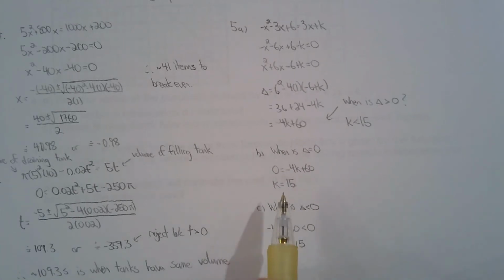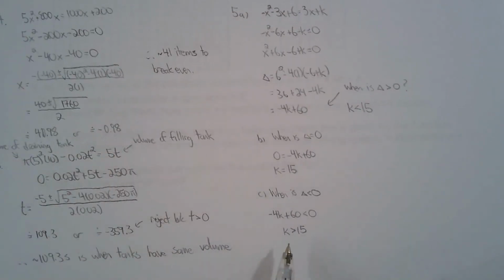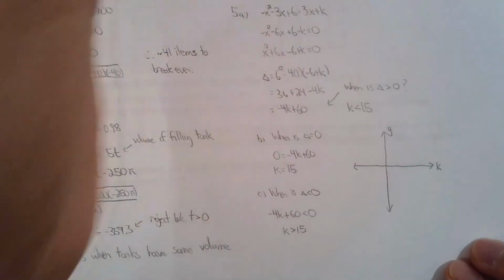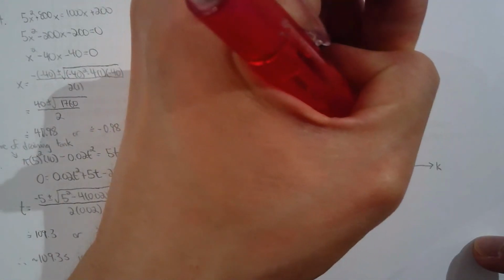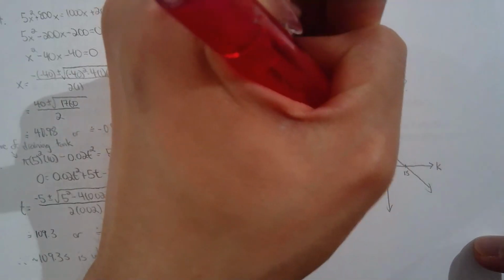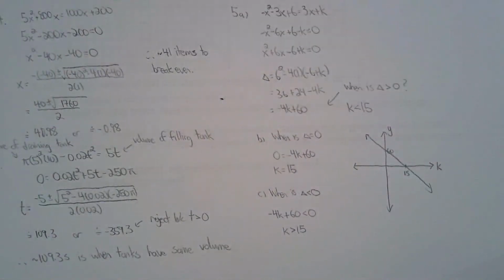Now, if k is equal to 15, then the discriminant is 0. And lastly, if k is greater than 15, then the discriminant is negative. Another way, I'm going to draw the line for you. Let's say y here. So 15. You really want to know when it's negative and when it's positive.